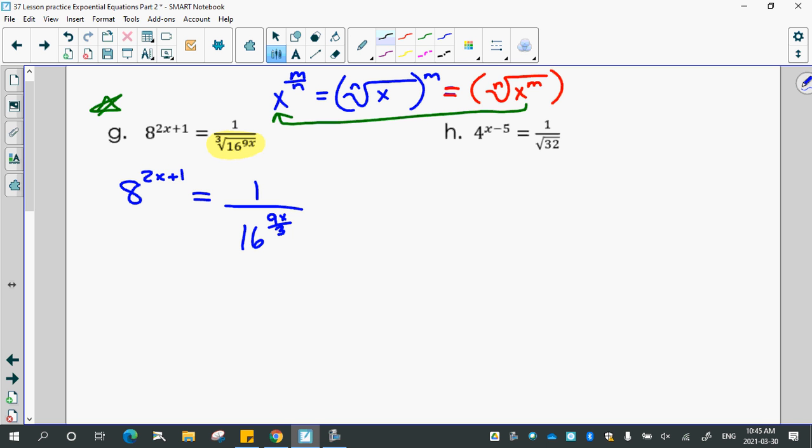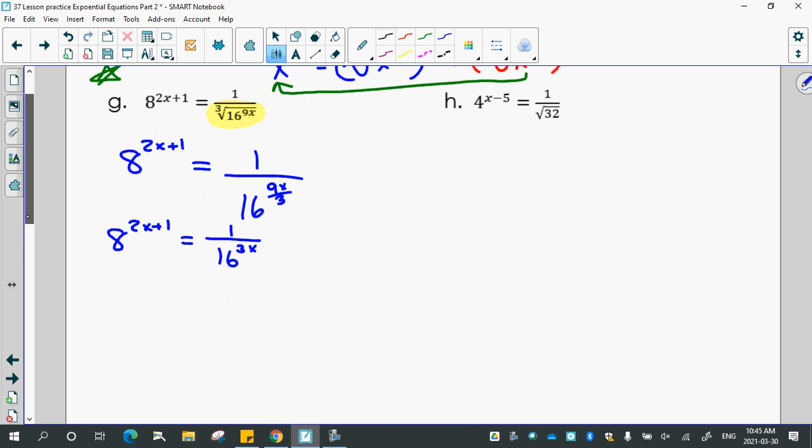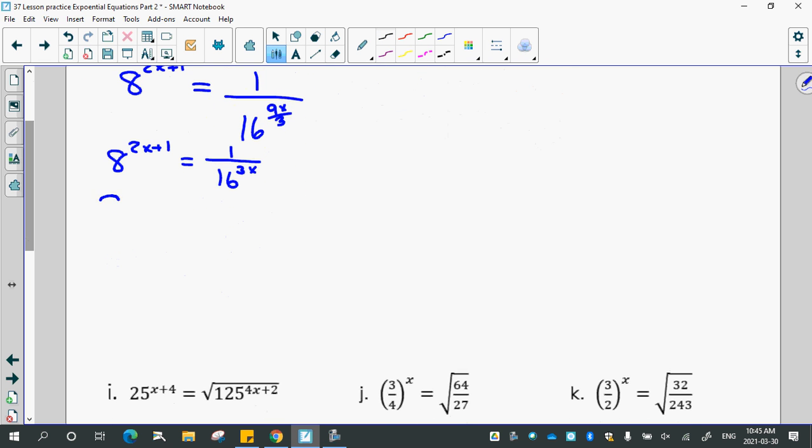So 9x over 3 simplifies, doesn't it? So that's the same as 1 over 16 just to the 3x. Because 9x divided by 3 is 3x. And you could have combined that with the step of bringing it up to the numerator if you want.